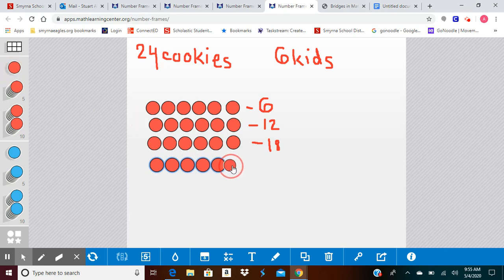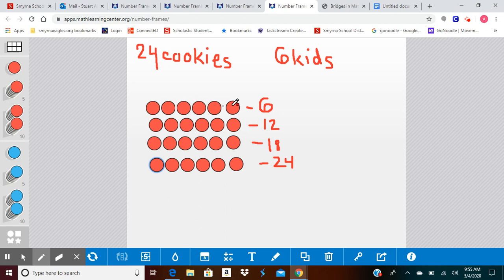If we're at 18, we'll count up: 19, 20, 21, 22, 23, 24. So we have our 24 cookies now. But if I count this way, I get 6.